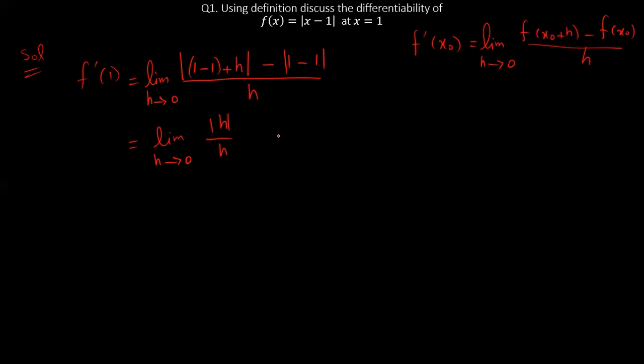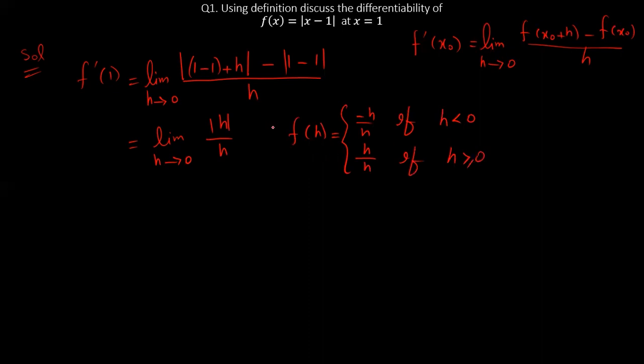So when we split it into a piecewise function and rewrite it, let's say this is a function of h, we can rewrite it like this: minus h by h if, sorry, now we are discussing the function in the form of h, so it will be h less than 0, and h by h if h is greater than or equal to 0.